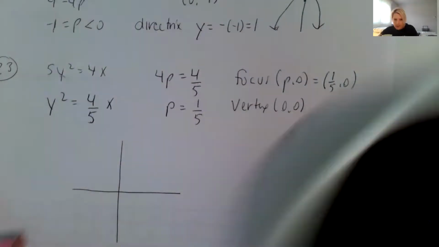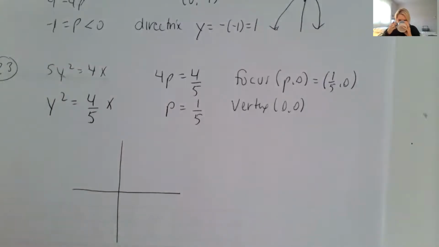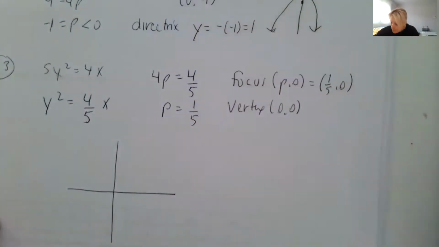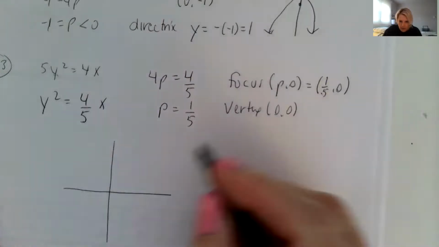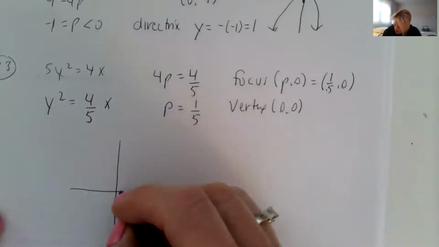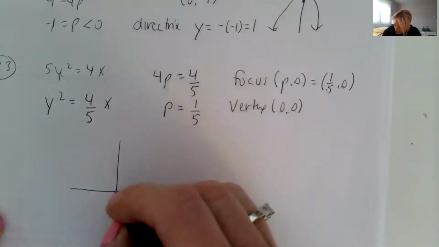And because P is greater than 0, we know it's going to be to the right. And so the focus is at 1/5, 0. So it's just here. And the vertex is there.